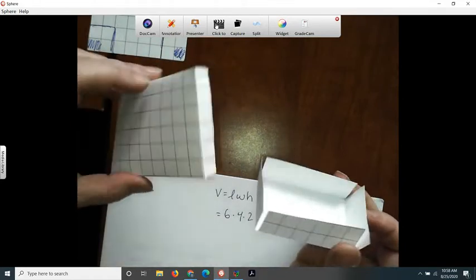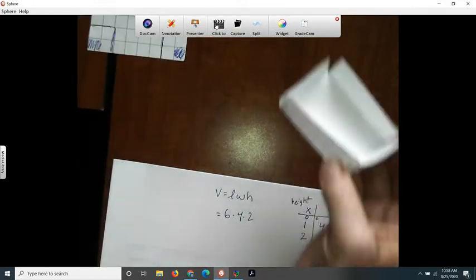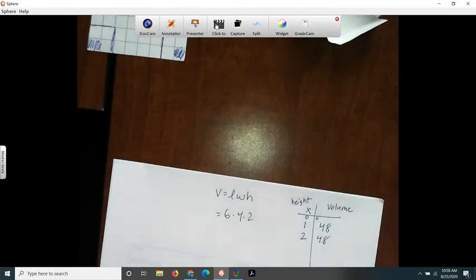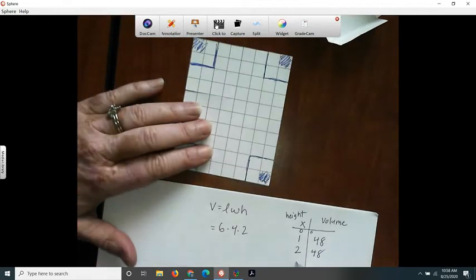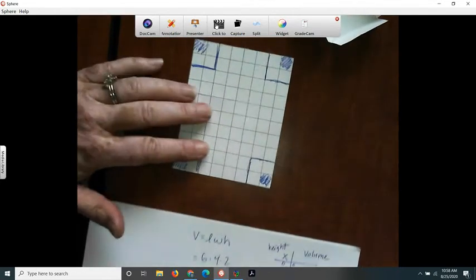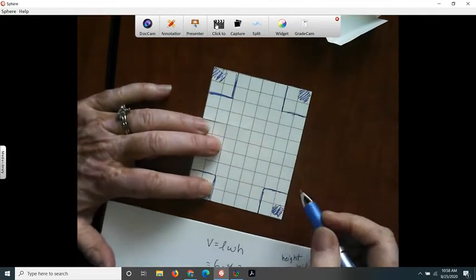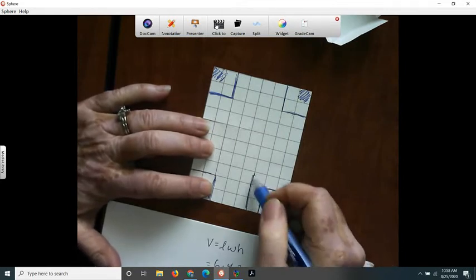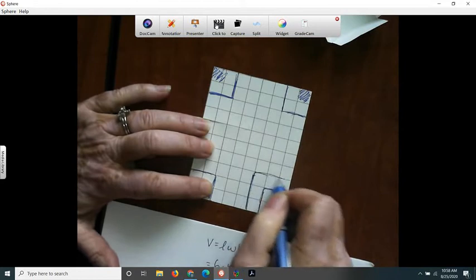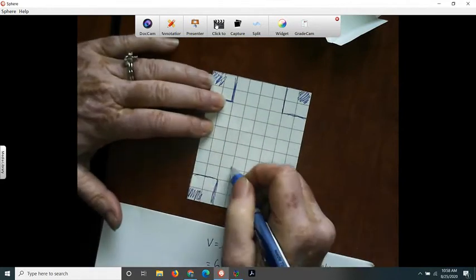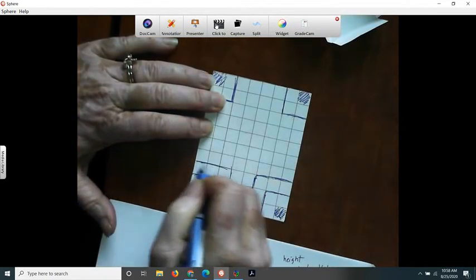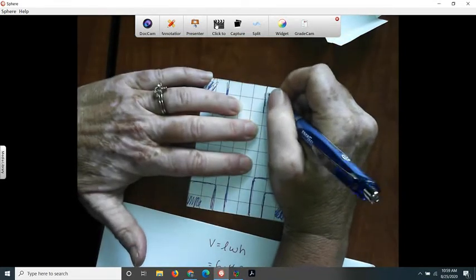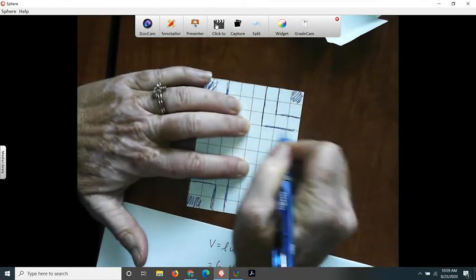Let's try, the next height would be 3. So when I take 3 off the corner, I have to take 3 off both corners. I'm just showing you.